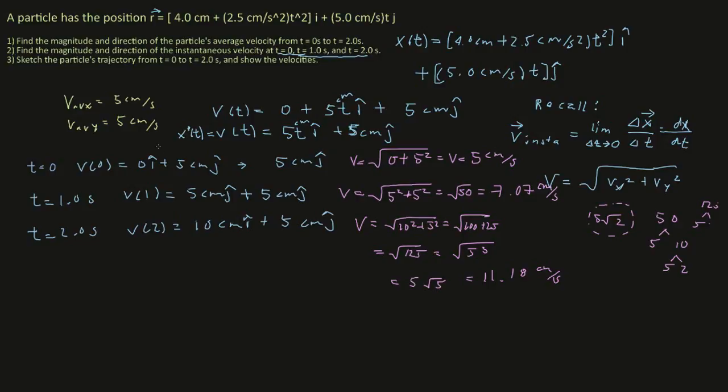But we also want to find, so we have the magnitude for each time, right? Maybe I'll circle it. So this is the magnitude when t equals 0, and this is the magnitude when t equals 1. And this is the magnitude when t equals 2.